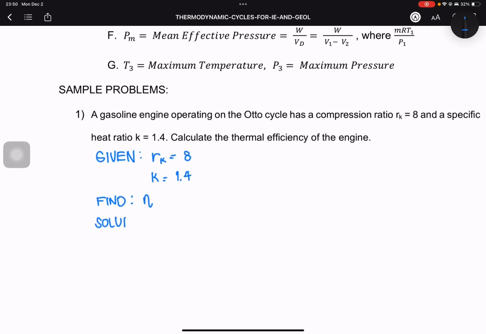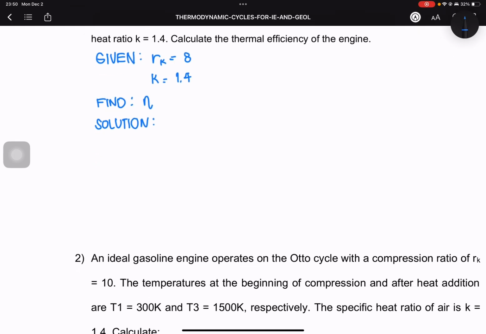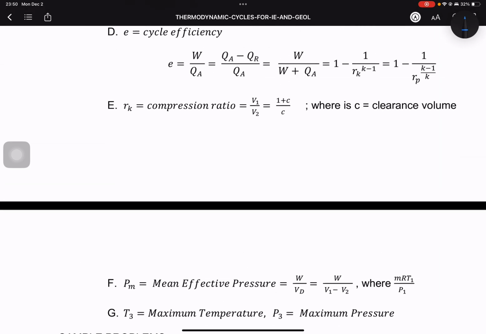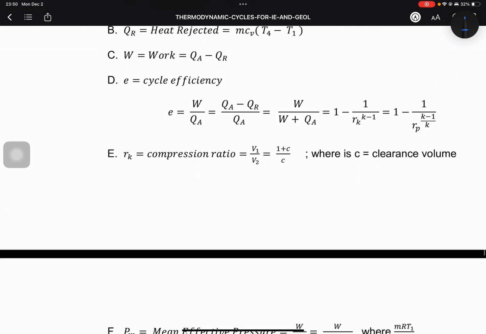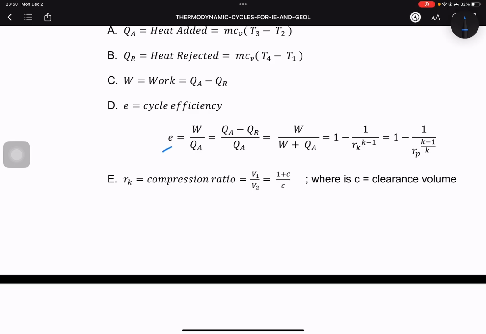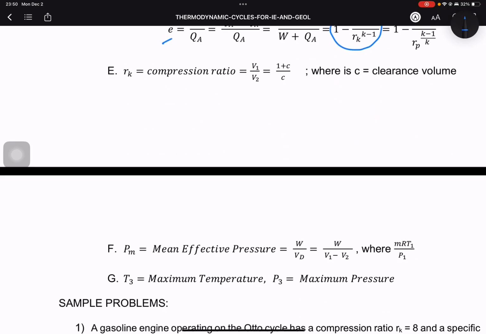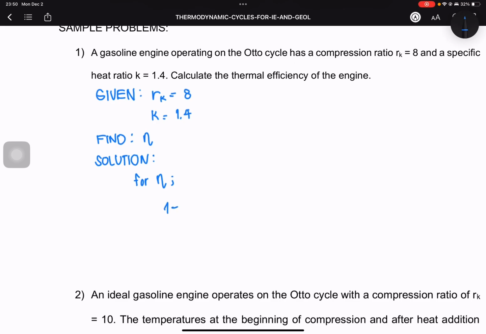Solution for efficiency. Since we have the compression ratio and K, we can use this equation for efficiency: 1 minus 1 over RK raised to K minus 1. Substituting, our RK is 8 and our K is 1.4 minus 1.